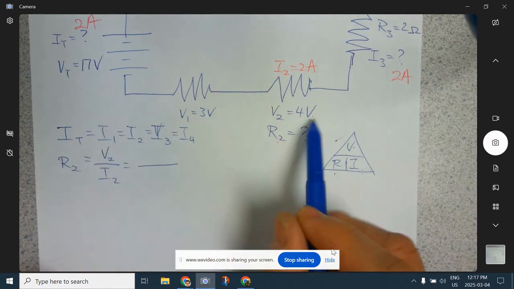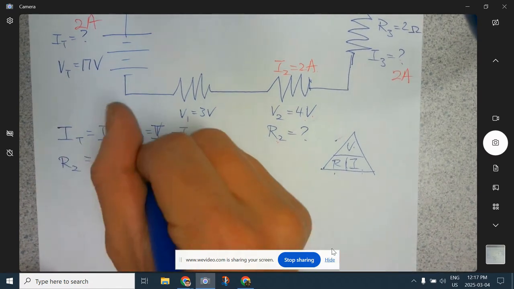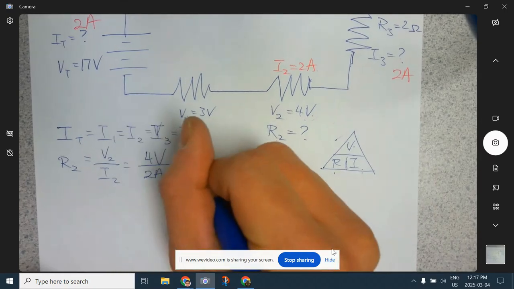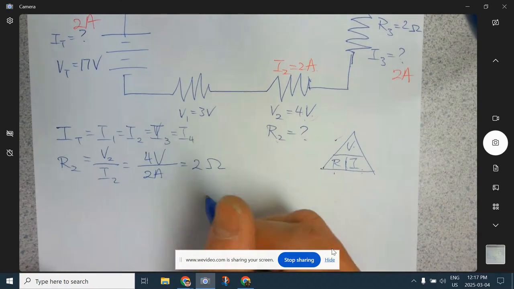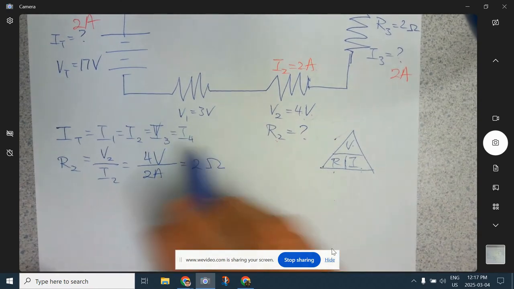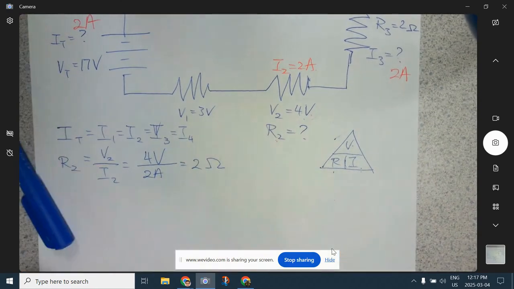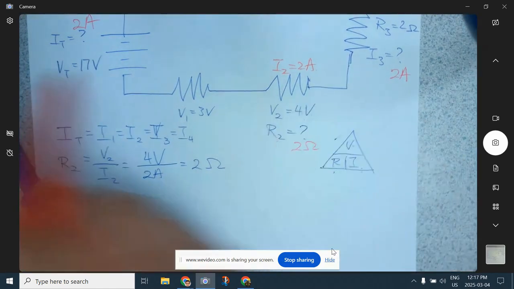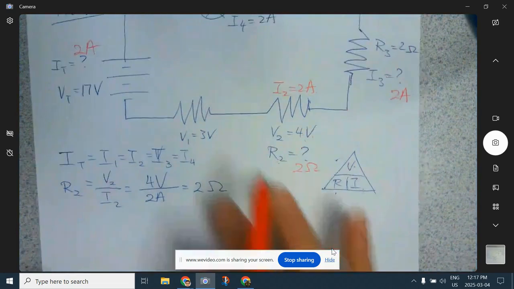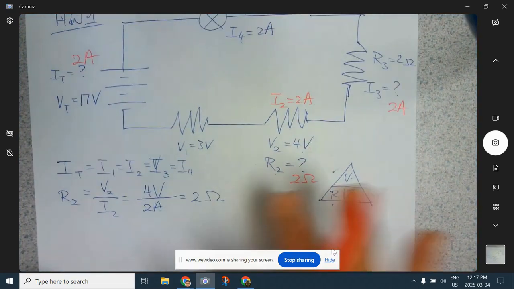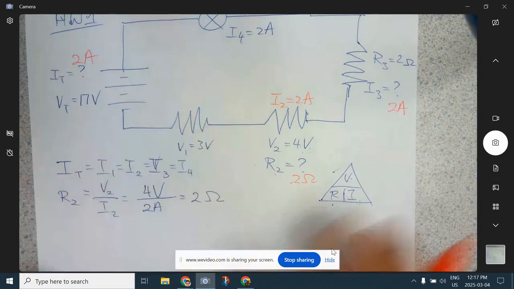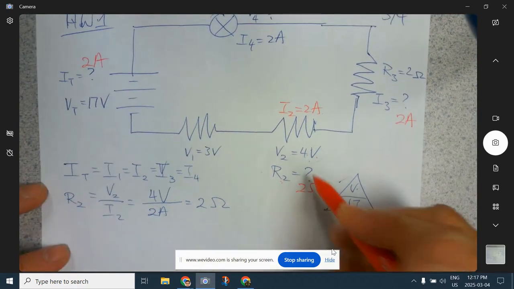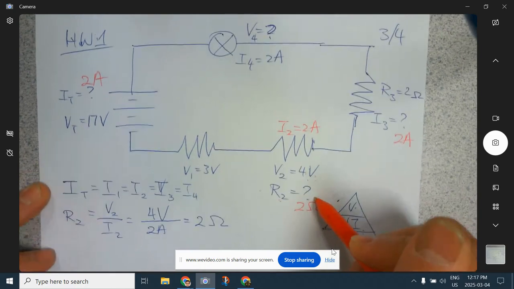Okay? Now V2 is 4 volts, I2 is 2 amps. So in this case, your resistance here should be 2 ohms. So I'm just going to write that piece of information here. Just like what I said in class, once you found the information and calculated it, fill it in, it helps you see things, okay? So we figured out what resistance number 2 is.